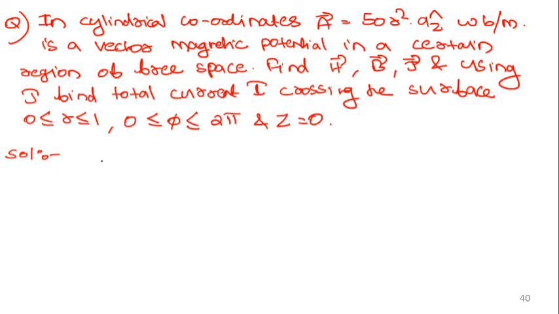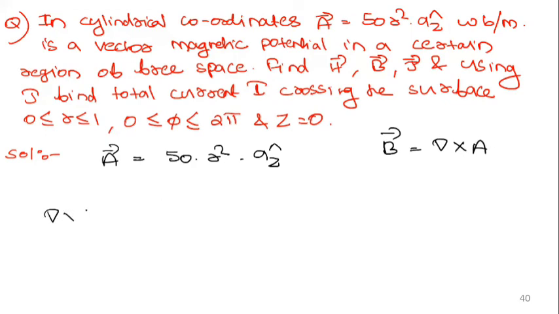So we are given A is equal to 50 r square into A z. And you know that magnetic field B is equal to del cross A. So you do del cross A. But what is important to do del cross A? You should know the formula for curl in cylindrical coordinates.